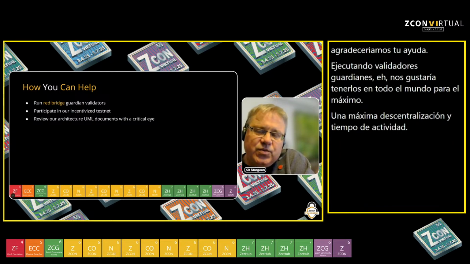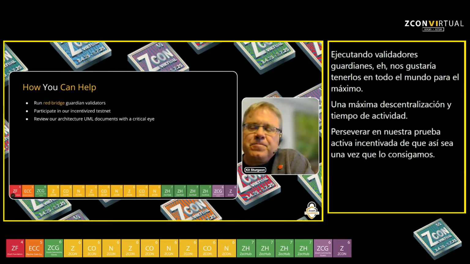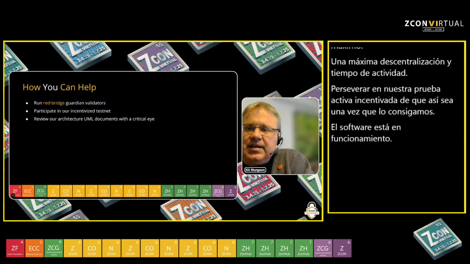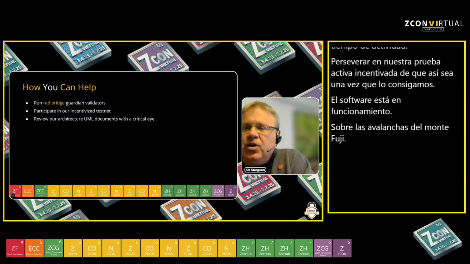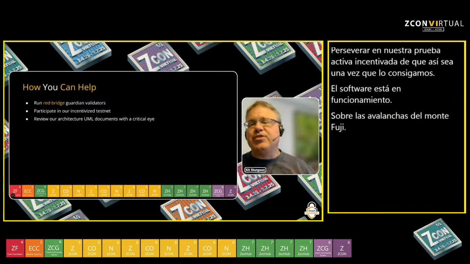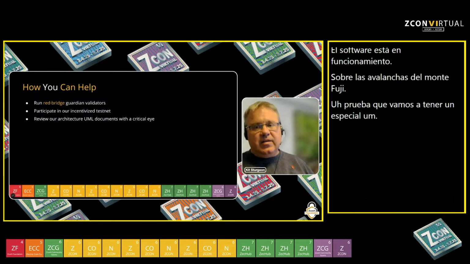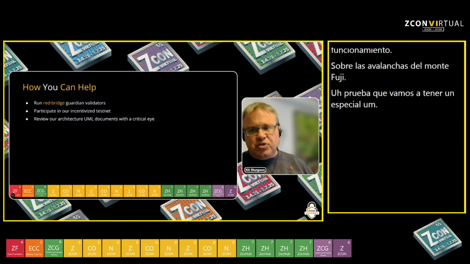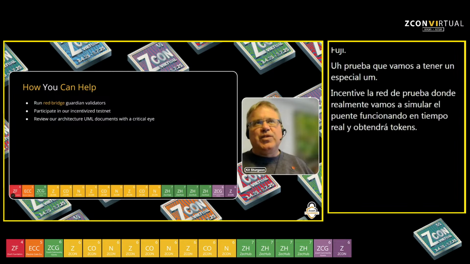So once we get the software up and running on Avalanche's Fuji testnet, we're going to have a special incentivized testnet where we're actually going to simulate the bridge working in real time. And you'll get tokens to stake for the test. And we're going to make sure everything works really well.